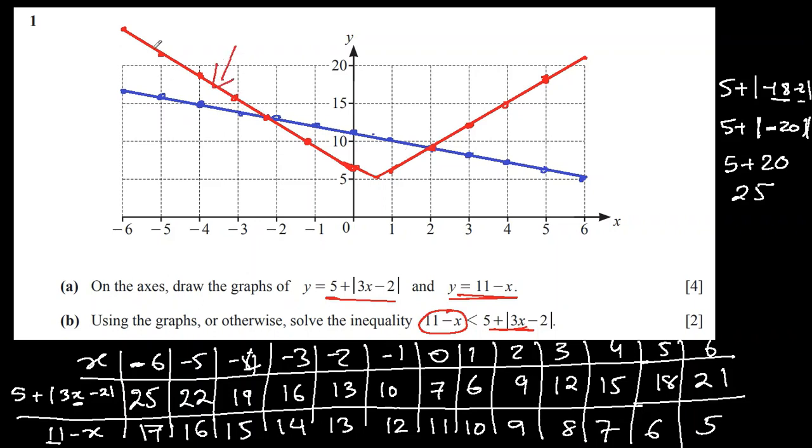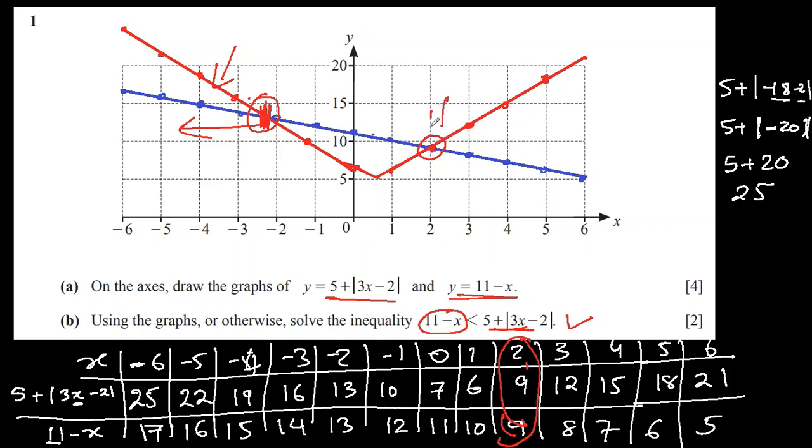At this particular part, red is above blue, so this will be the point beyond which we get the red graph above the blue graph, which is according to our question. And now the question is, what is this point? We clearly see here at x equal to 2, both are 9.